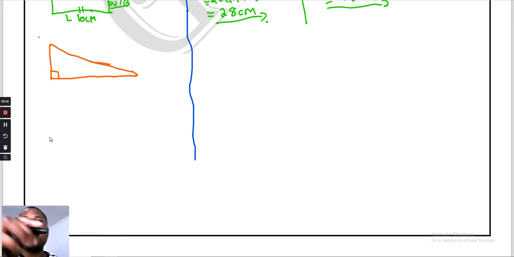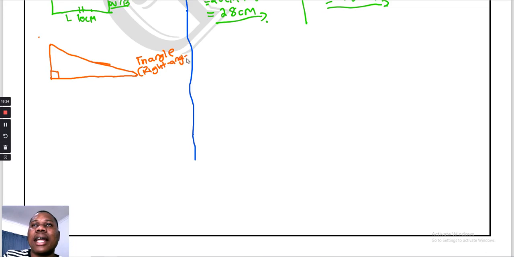Let me write triangle. But when it is a triangle, it is the right angle triangle.